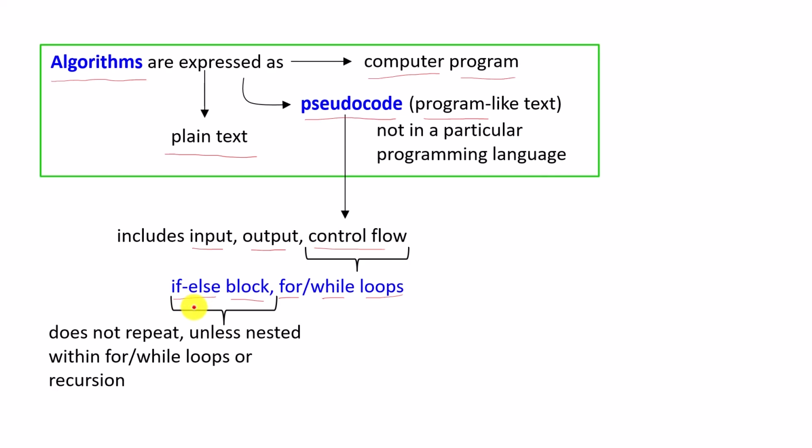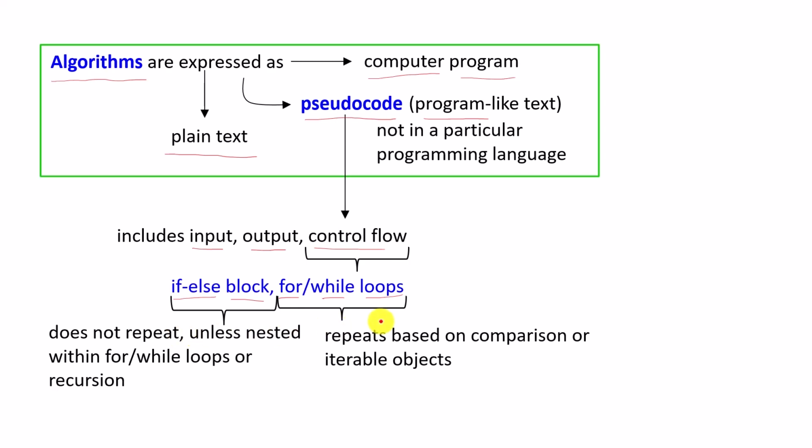This if-else block does not do any repeating calculation, unless of course it is nested within this for or while loop, then it's a different story. But otherwise it is not for repeating calculation. It operates over certain conditional statements.